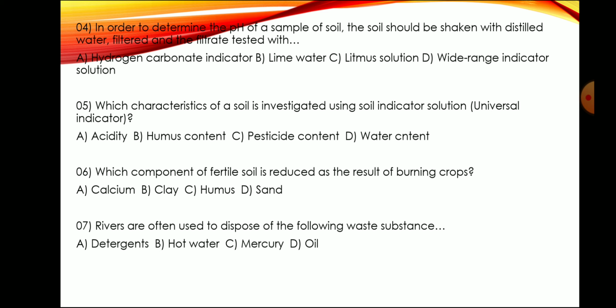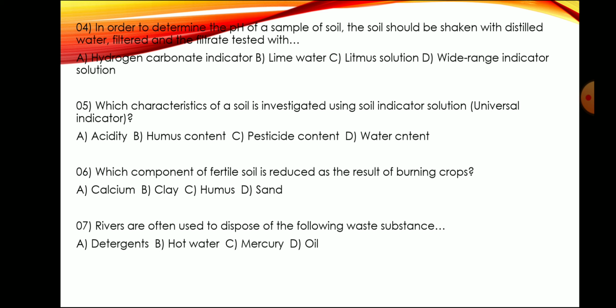When the soil is fertile and burning of the crop takes place, the temperature increases, which is helpful to decline the humus of the soil. So, in such a way, the correct answer is C.